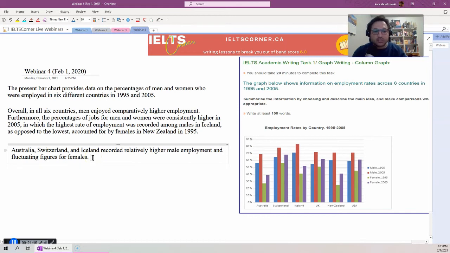Let's start by saying employment among, and because I want to paraphrase, instead of men in Australia, I'll say Australian men went from about 55, and I have to say about because they are not exact numbers, so you always have to use approximate language.